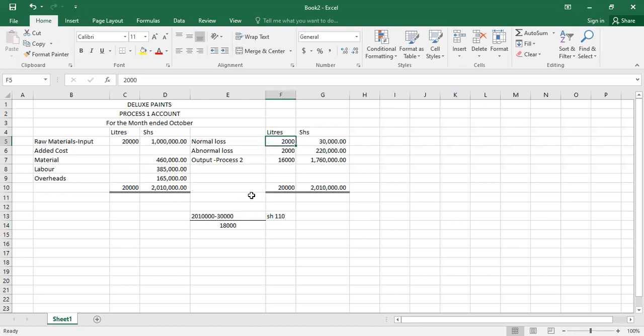But you now got 16,000. So 2,000 now becomes the abnormal loss. And that's why they are priced at the same price as the final product, all the goods that you're processing in that particular process. Now we go to process 2.